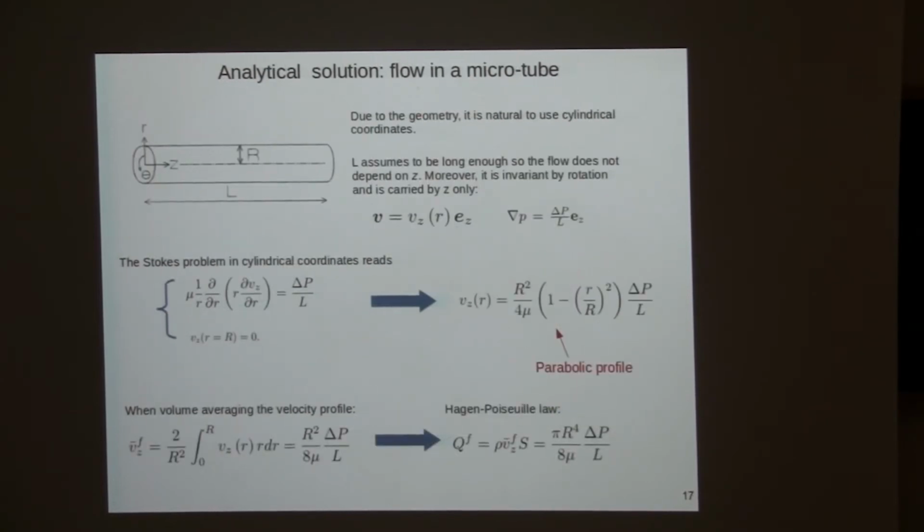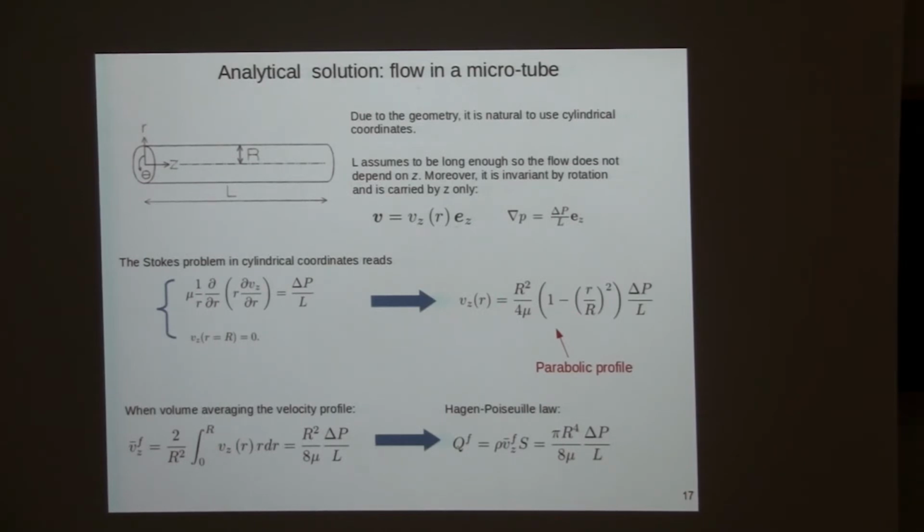The other case where you do have an analytical solution is a Poiseuille flow in a tube, in a microtube. Same thing, you have a tube. Because of the invariance and symmetry, you can simplify your Navier-Stokes or Stokes equation. You work in cylindrical coordinates, you solve the PDE, and you obtain again a parabolic profile.